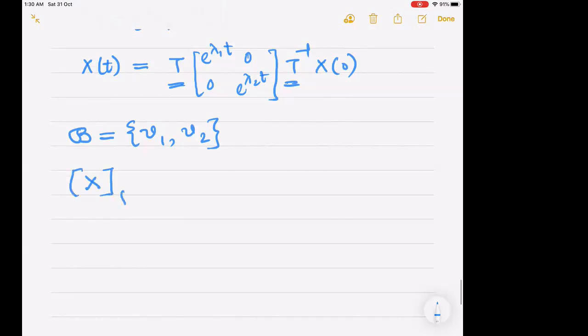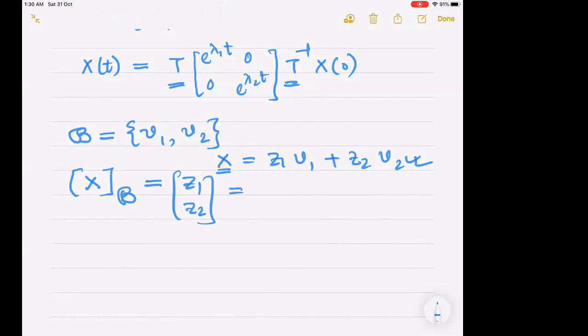Remember that x is equal to z1 v1 plus z2 v2 for all time. I'm just omitting the argument t, but it's understood. So x's representation under this new basis is nothing but the vector z1 z2, which let us call z.